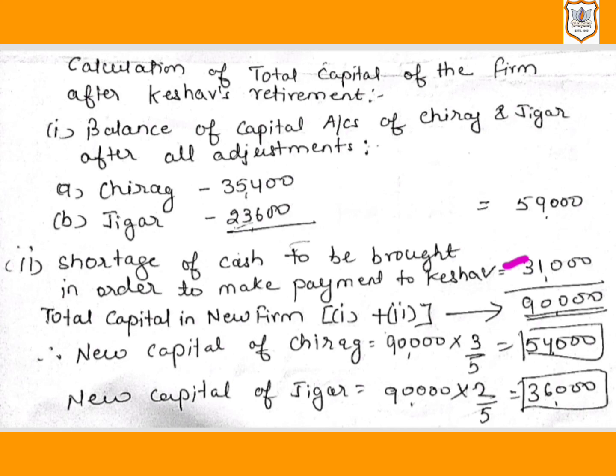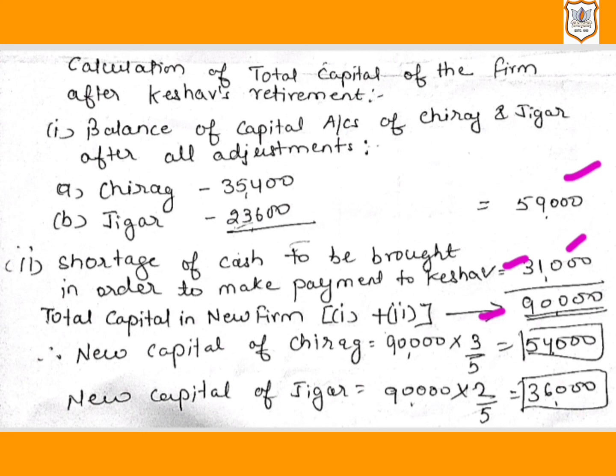Then if we add 59,000 and 31,000, we will get 90,000. 90,000 is total capital in new firm, which will be distributed to continuing partner Chirag and Jigar in new profit and loss sharing ratio, as it is given in the question that their capital in the new firm should become proportionate to their new profit and loss sharing ratio.